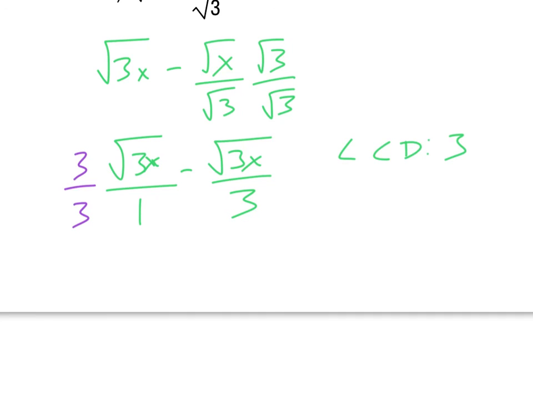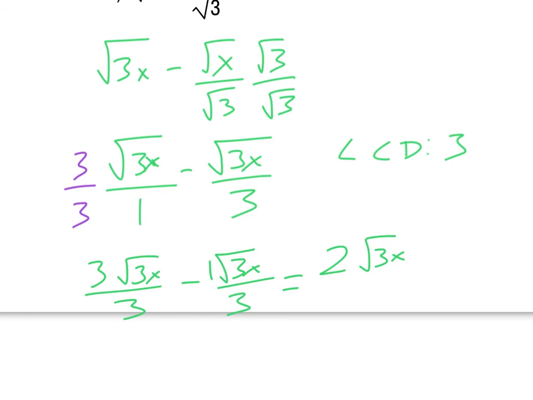And so we end up with 3 square roots of 3x over 3 minus the square root of 3x over 3. Again, emphasizing that there's one of these. So take 1 square root of 3x away from 3 square roots of 3x, and we end up with 2 square roots of 3x over 3 for number 13.